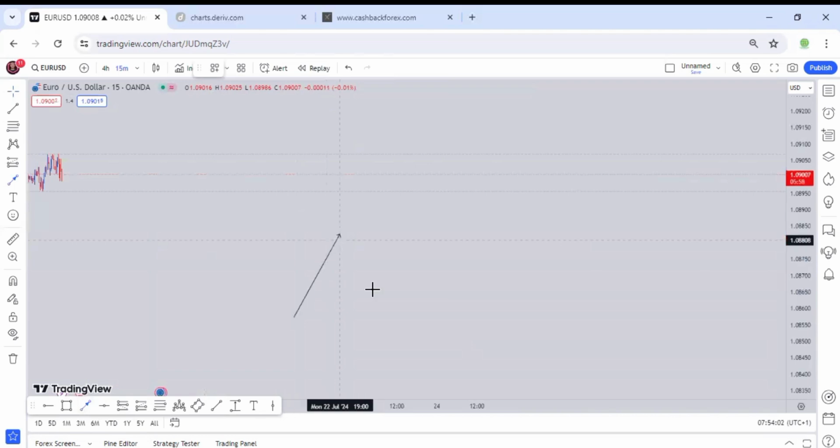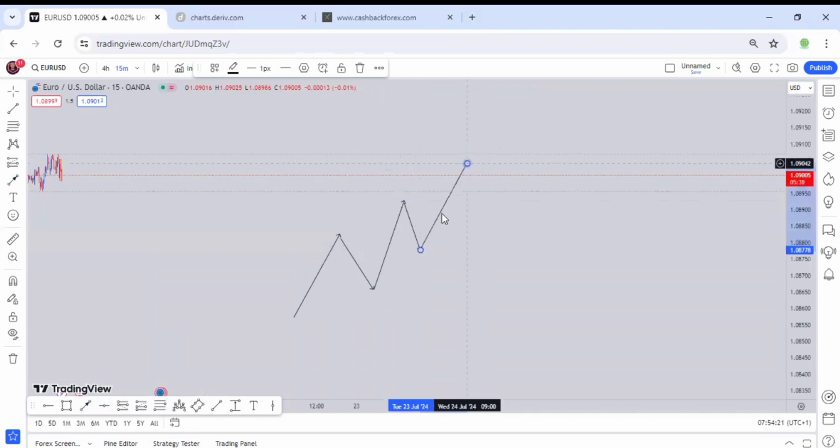For a bullish structure, we have a swing high and swing low, swing high, swing low, which is your normal higher high, higher low.